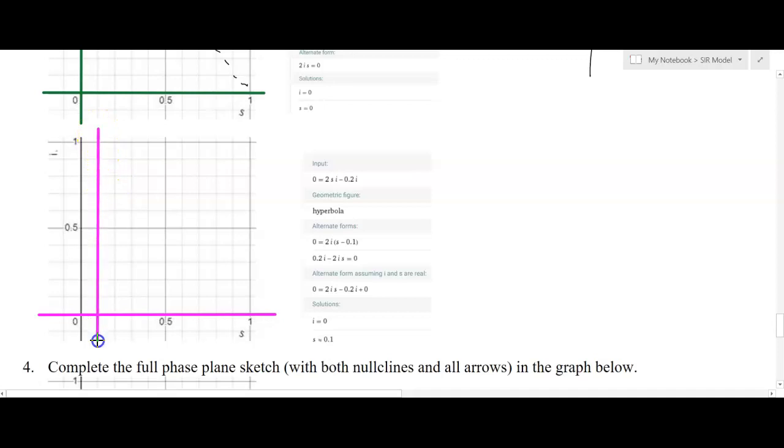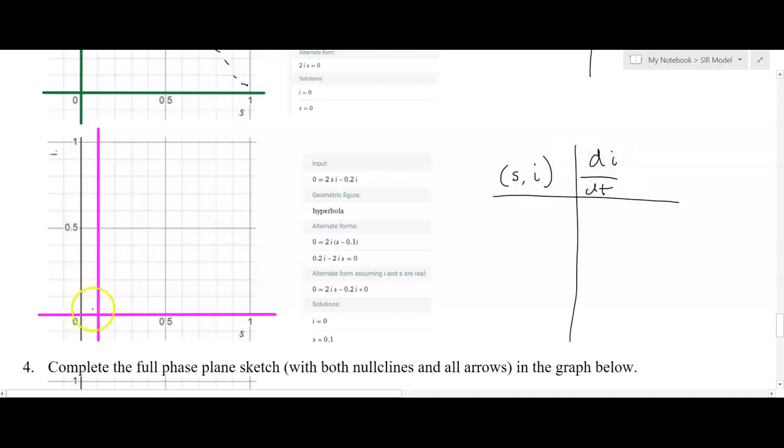So right there, that's an interesting place for a nullcline. And the thing that we should now check is we have really 4 regions: this region to the top left, top right, bottom left, bottom right. But we're only interested in these 2 regions here because that's part of our first quadrant. So I'm going to pick an ordered pair in each of those 2 regions to check the sign of dI/dt. These are going to be up or down vectors.